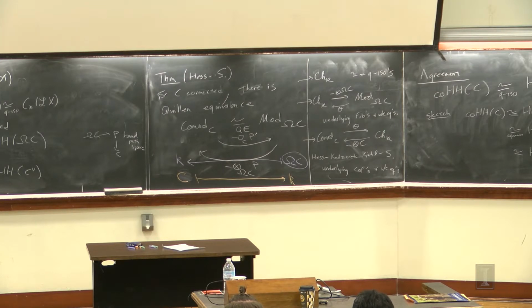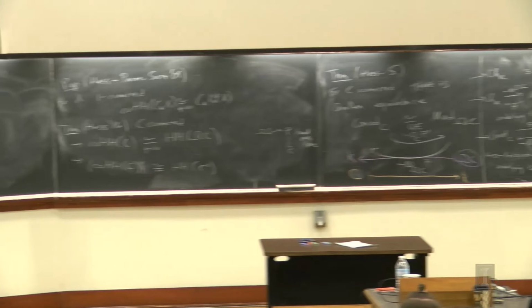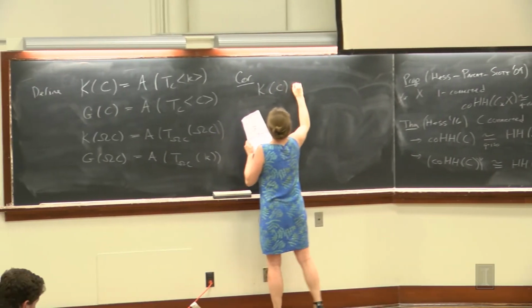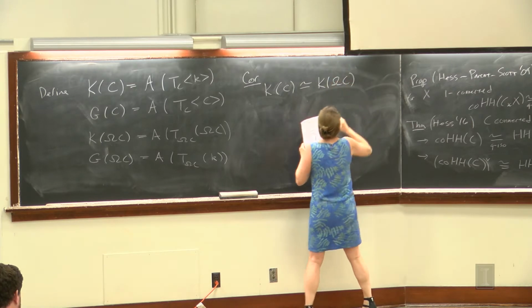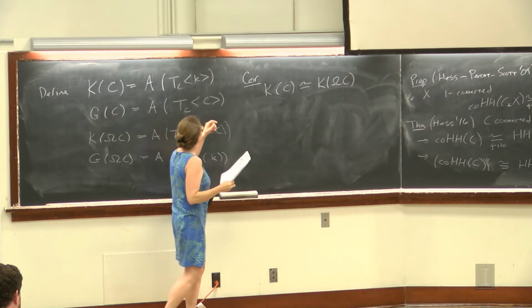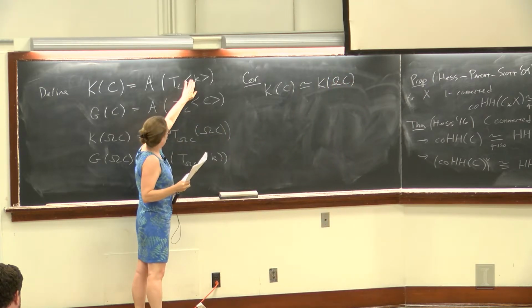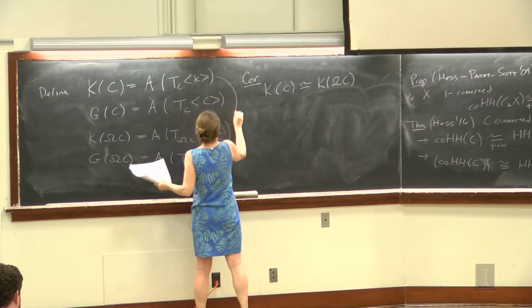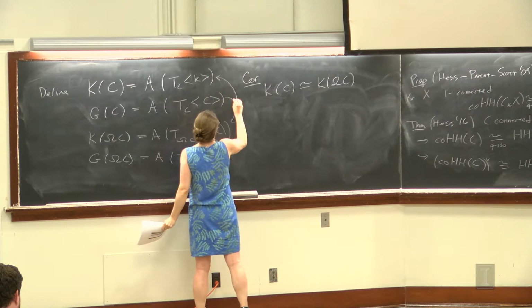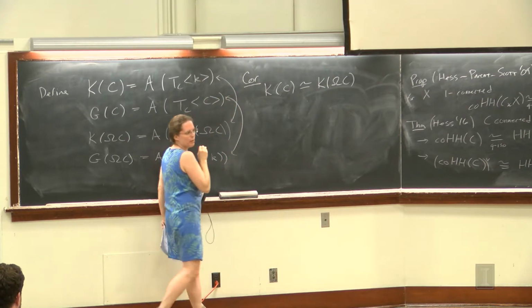So the corollary is that the K theory of the coalgebra C is equivalent to the K theory of the cobar on C, since K is taken to omega C and vice versa. Imagine that, we used K for both of those.